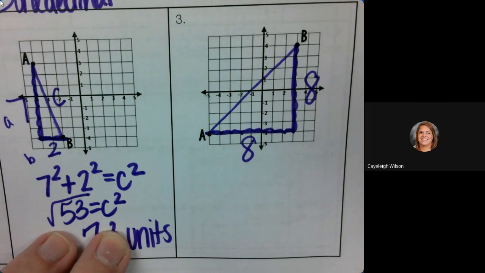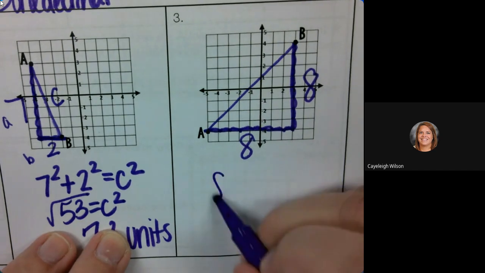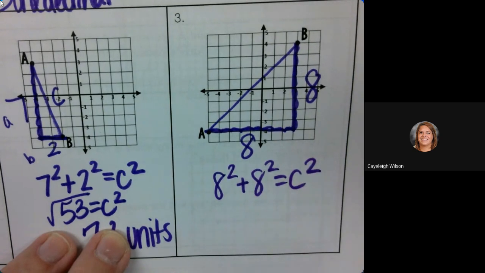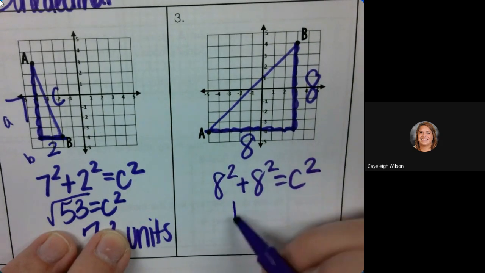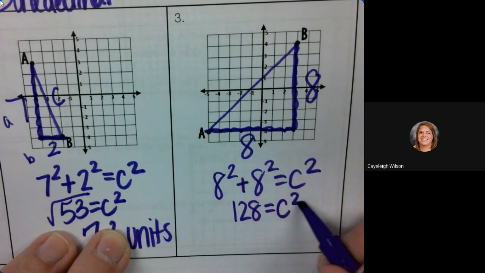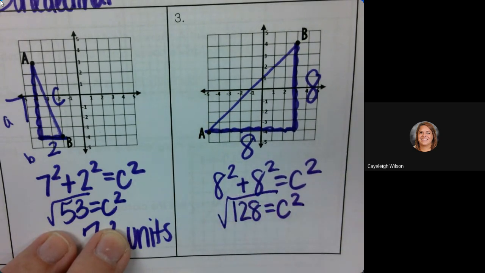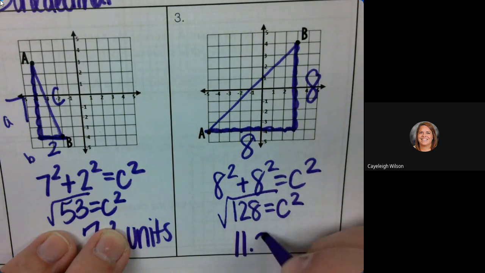All right. So I'm going to put them in my formula. So 8 squared plus 8 squared equals the C squared. So I get 128 equals C squared. And then I'll square root that. And I get 11.3 units.